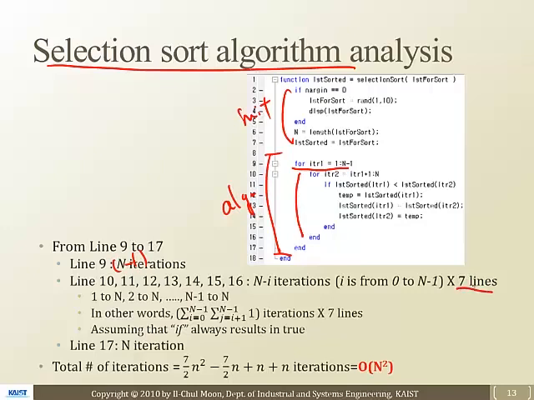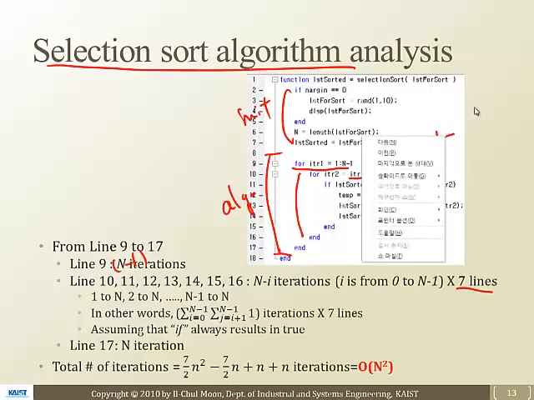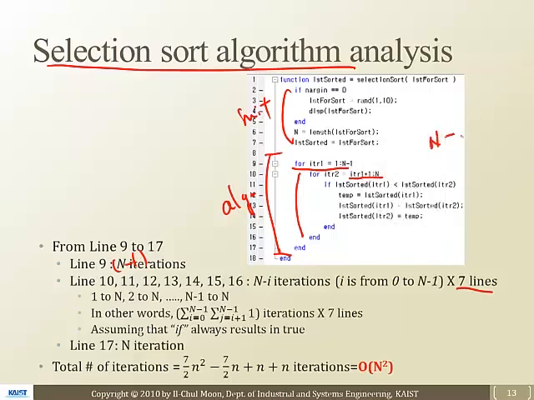How many iterations for each? It's going to be n minus i minus itr minus 1 iterations.